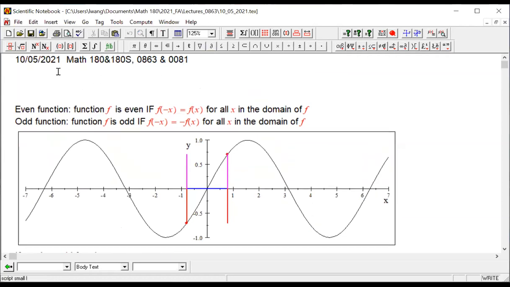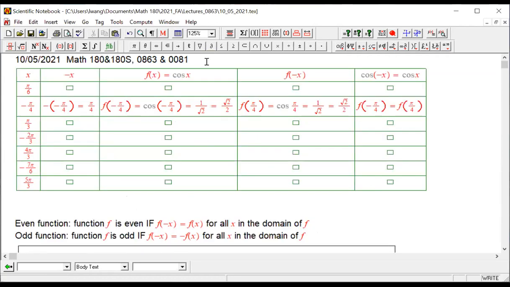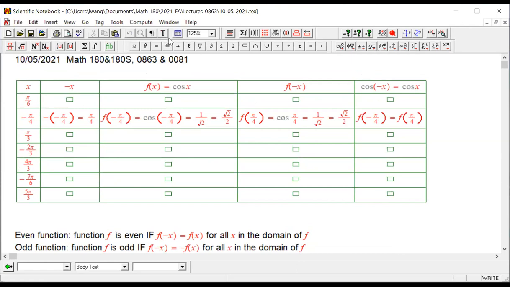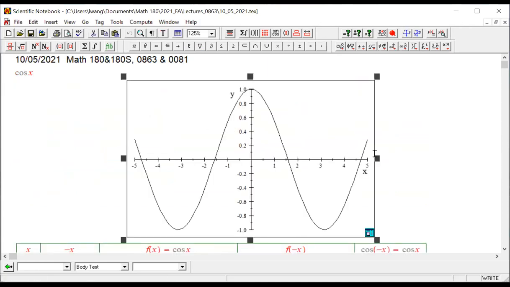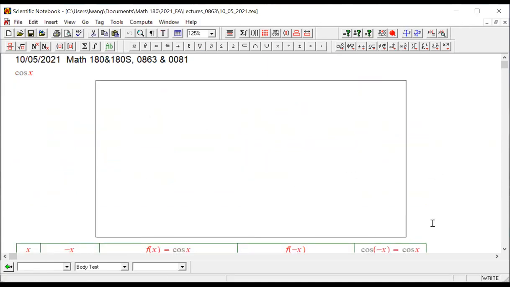Now let's look at the cosine curve. We all know the cosine curve, don't we? That's a cosine curve.